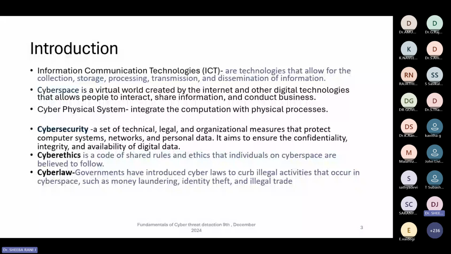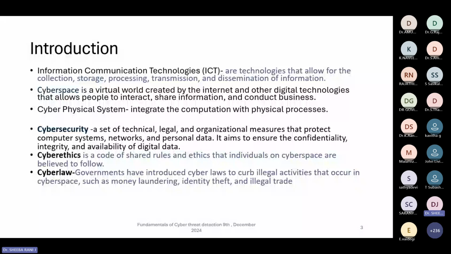Next is cyberspace. Cyberspace is a virtual world created by the internet and other digital technologies that allow people to interact, share information, and conduct business. So this is an important virtual environment.